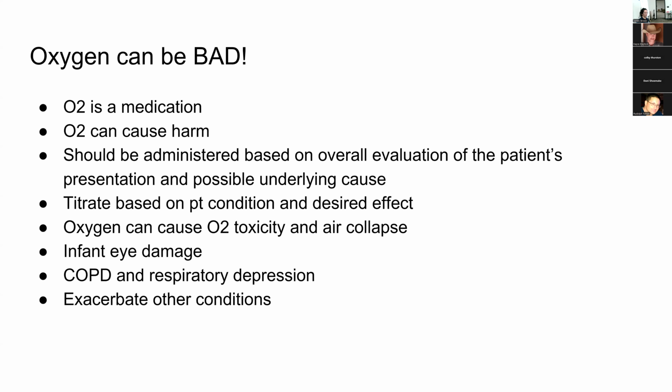You can cause oxygen toxicity and air collapse. In your book, it talks about underlying factors that we don't always know about that can harm people, especially with conditions such as MIs, so myocardial infarctions or heart attacks, and strokes. The underlying complete pathophysiology isn't known, but we do know that when you give someone too much oxygen, especially for prolonged periods of time, it can actually increase free radicals in your body, and those are really bad.